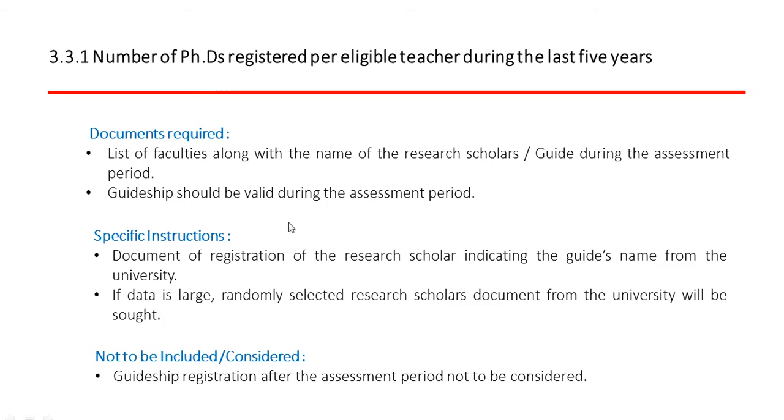Guideship should be valid during the assessment period, and specific instruction says document of registration of the research scholar indicating the guide's name from the university. If data is large, randomly selected research scholars' documents from the university will be sought.